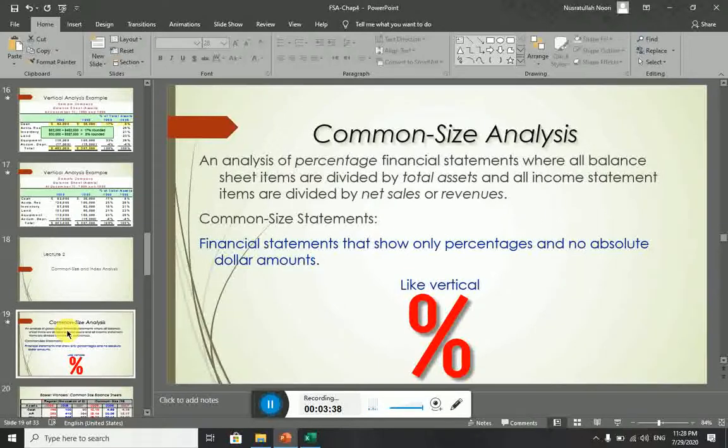So that's what we did using vertical analysis.